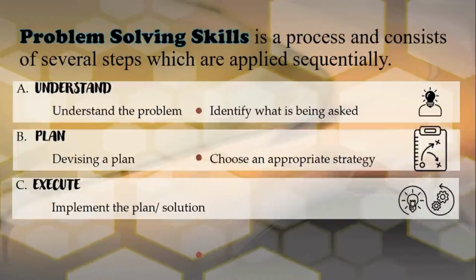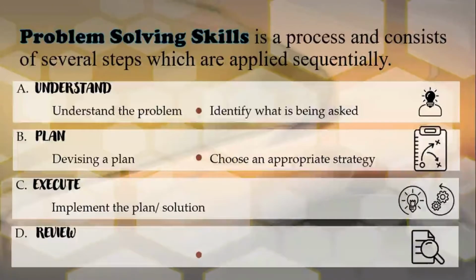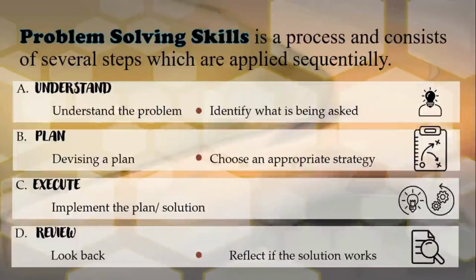In this step, you will implement the plan or execute the solution. You just need to be careful and be patient in doing this step. And last one is to review. So you have to look back and reflect if the solution works. So let's have some example.